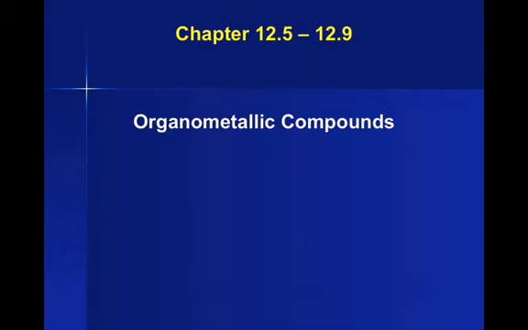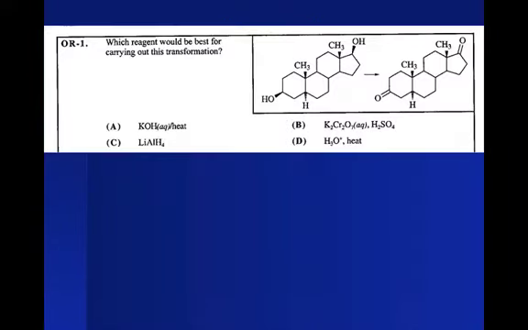An organometallic compound has to have, by definition, at least one carbon-metal bond. You can have a metal and an organic material that are linked together that are not organometallic. Okay? An organometallic compound must have a carbon-metal bond. Okay? And we're going to talk about those.